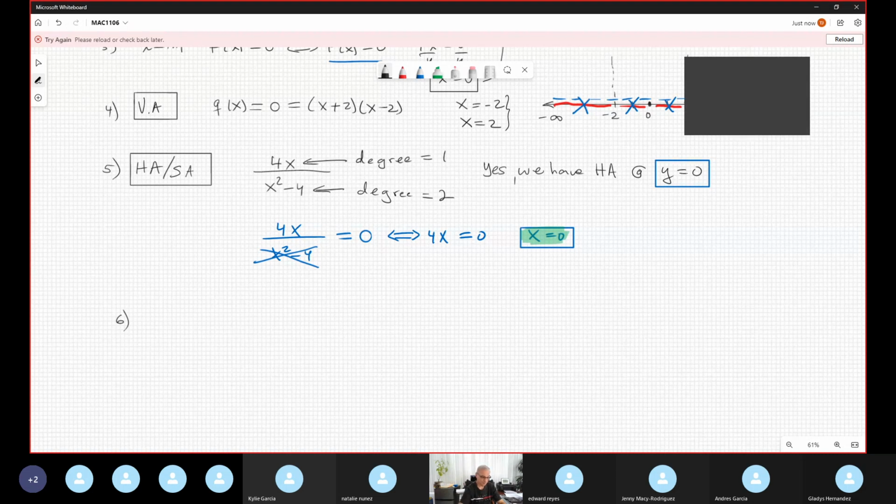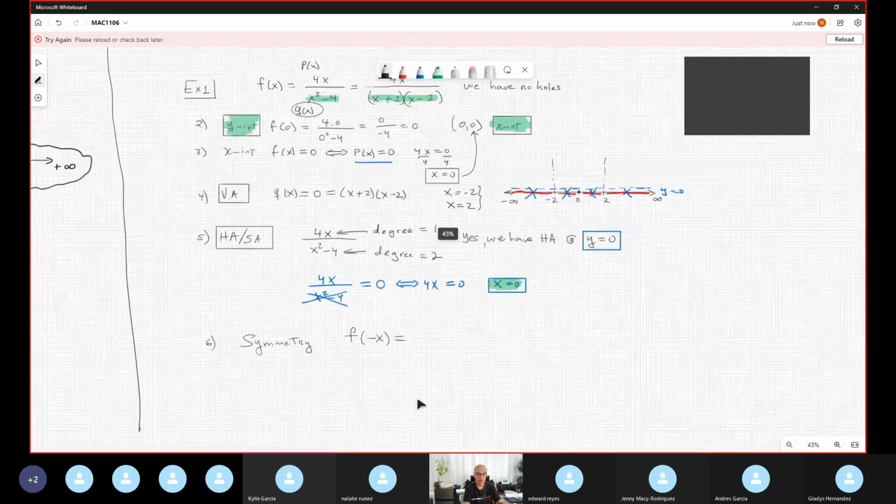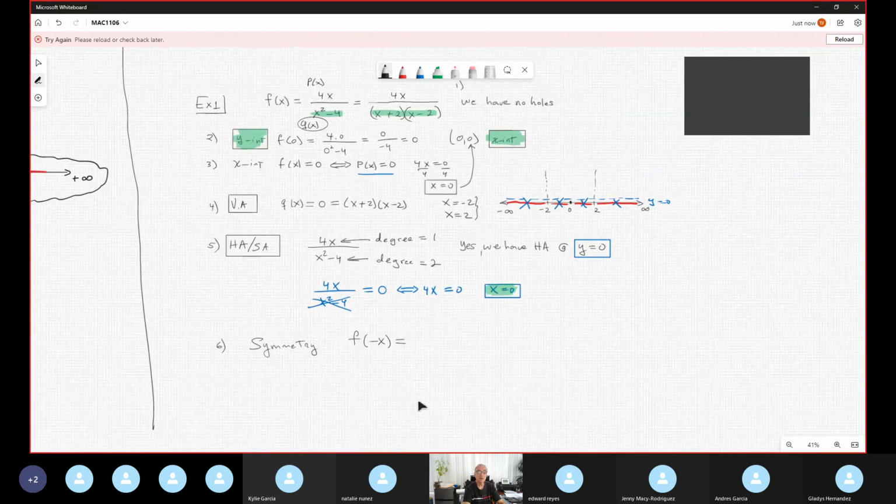Okay, number 6 is investigate symmetry. To investigate the symmetry, you make a reflection. So you replace x with negative x and let's see what happens. If it stays the same, it is even; if it is the opposite sign, it is odd; if nothing, it is neither.